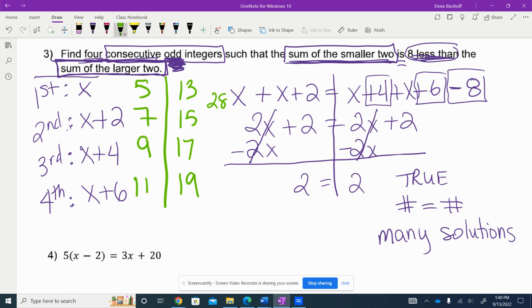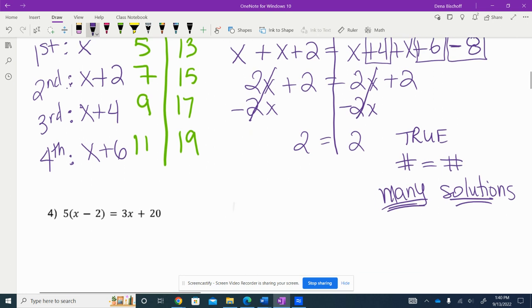You don't have to write it down. 17 plus 19 is 36. Minus 8 is 28. So it doesn't matter what numbers we use, it will always be true, meaning it has many solutions.